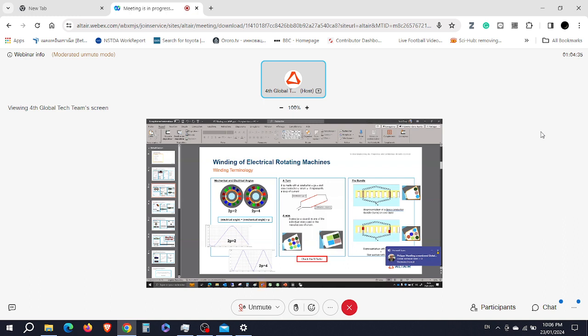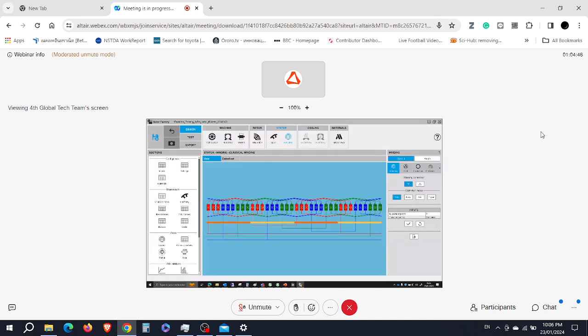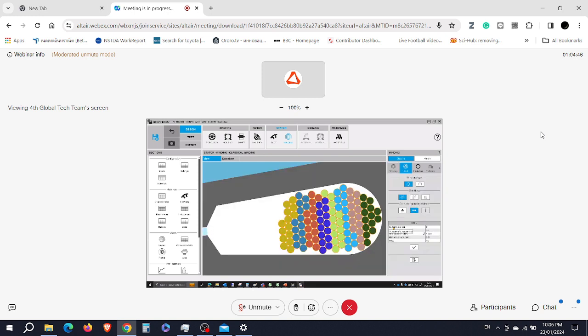Okay, then let's talk about some terminology for the winding. You will see that we will ask you a lot about the number of turns, and this is really a key point in the performance of the machine. The number of turns in Flux Motor is asked for in the winding, and here you have the number of turns and the number of wires in hand. The number of turns here I have 8, and I have 14.